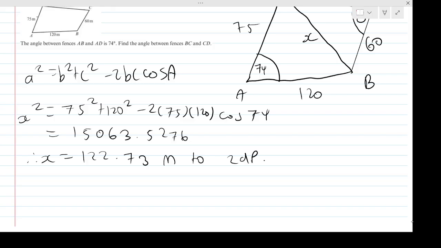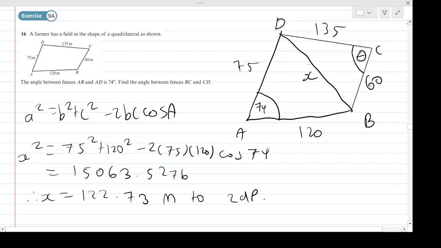I may go into another time how to use the store function if you don't know already. It instantly stores all the answers, so you don't have to write down long decimals if you need to repeat them, because we will be reusing this answer again. Or you could just write down all the digits if you're worried about rounding errors or missing a digit out. But anyway, this is the side I get.